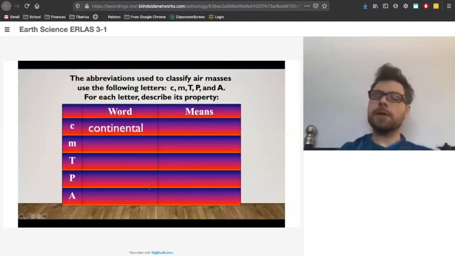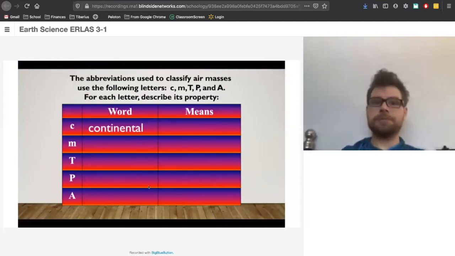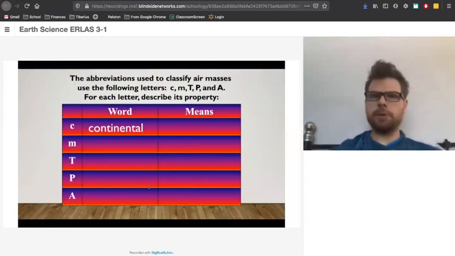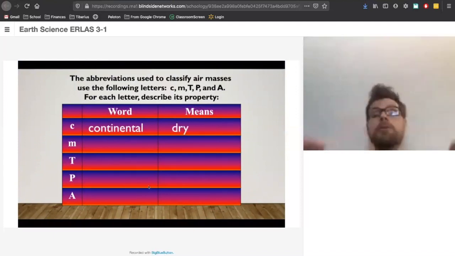If you think about a continent, it's made of land. Is land very wet? No, not compared to the ocean. The ocean's very, very wet. Land is pretty dry. So a continental air mass is going to be a dry air mass, because it forms above land.